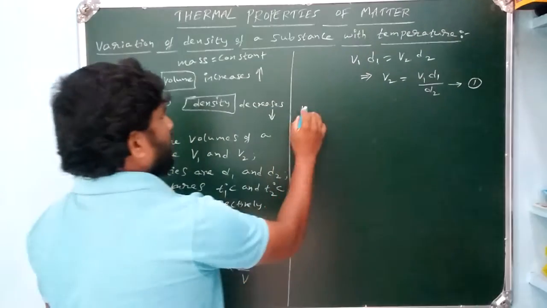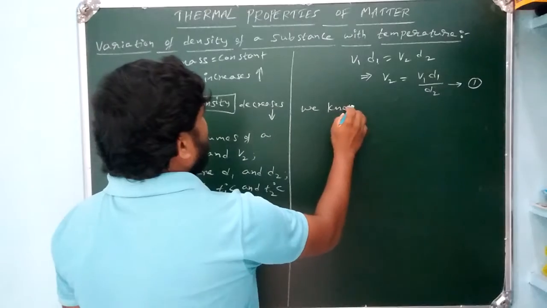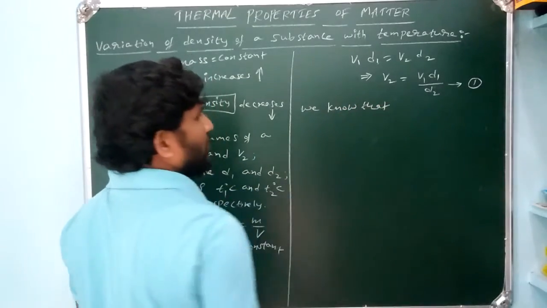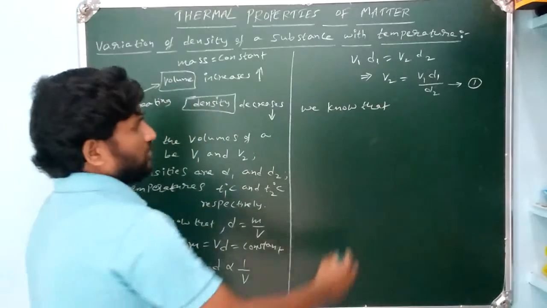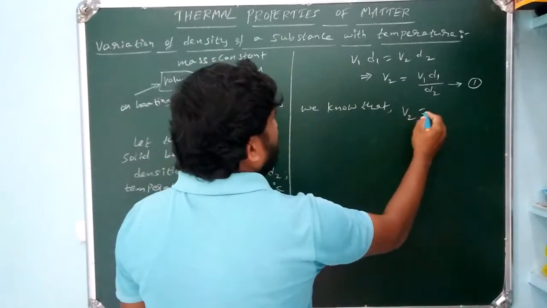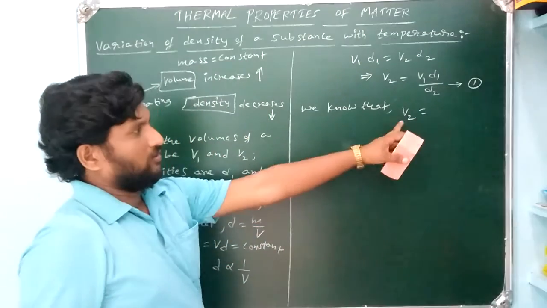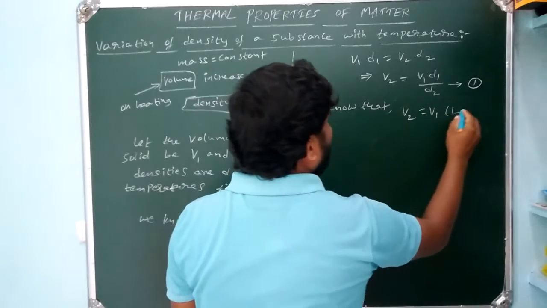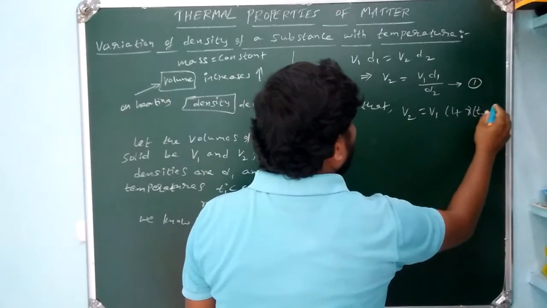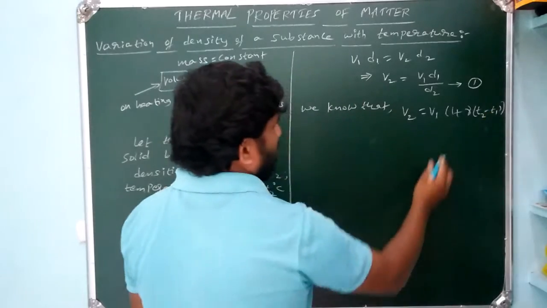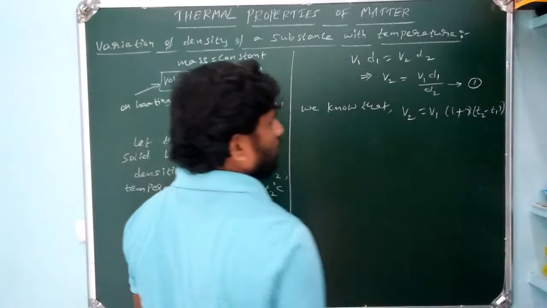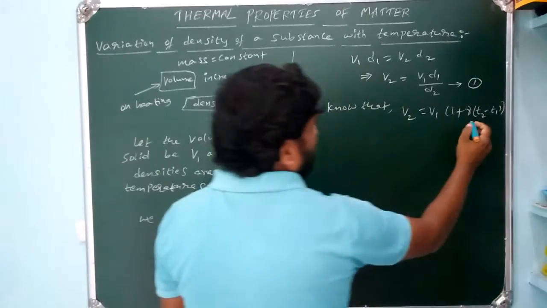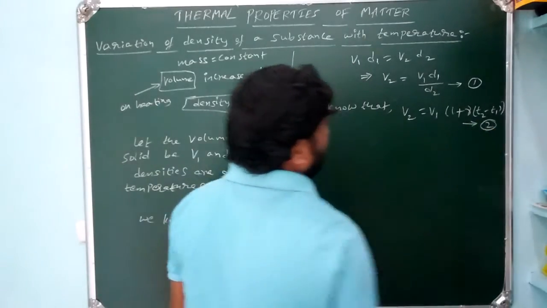And we know the definition of the coefficient of volume expansion of a solid. From that, V2 equals V1 into 1 plus gamma into T2 minus T1. Let us consider this as the second equation.